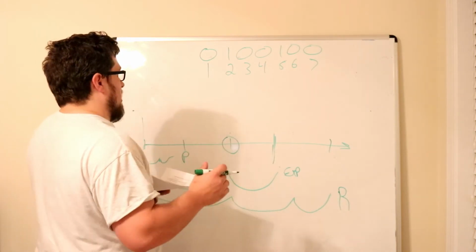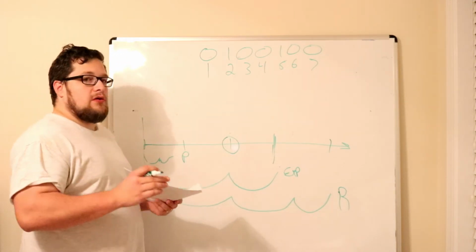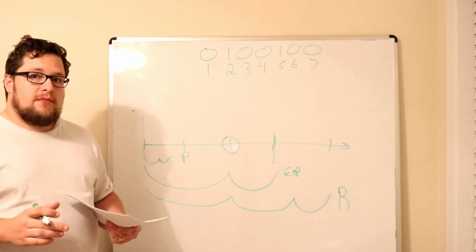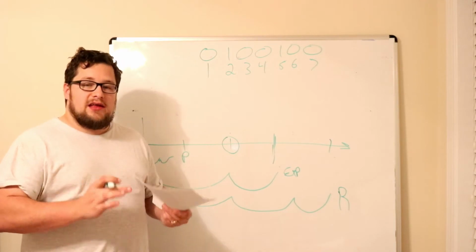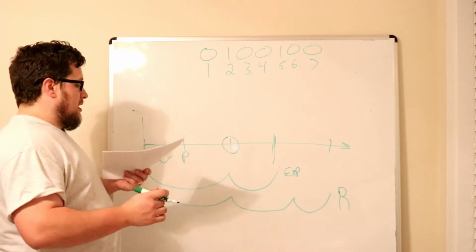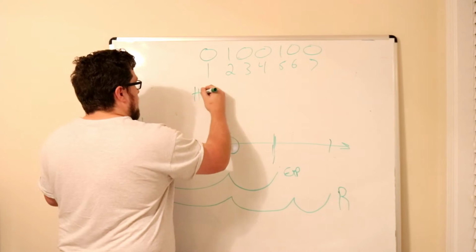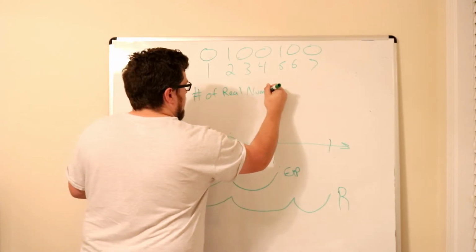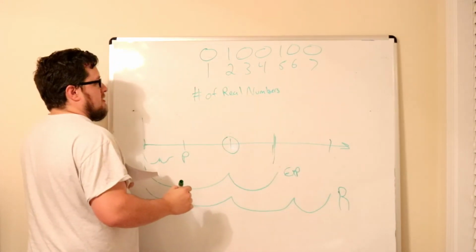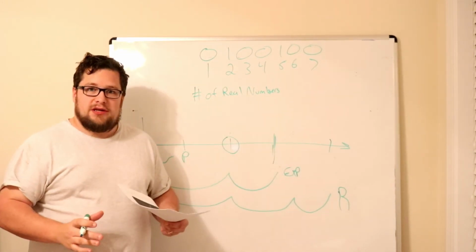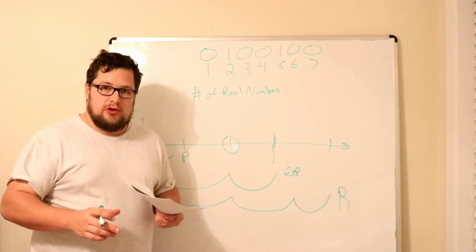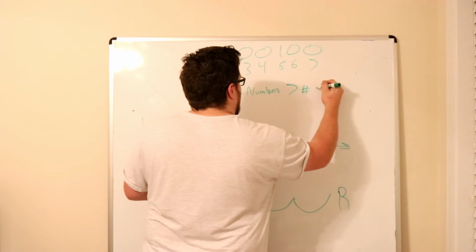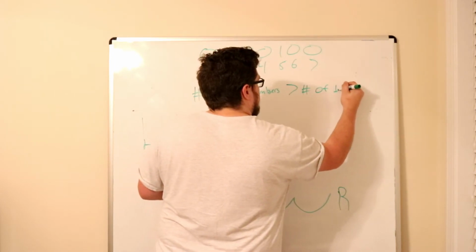So our decision problem ends up being something in real numbers, right? But our program is something in integers. But the number of real numbers. So what did we say? We said our decision algorithm is in real numbers, is greater than the possible number of integers.